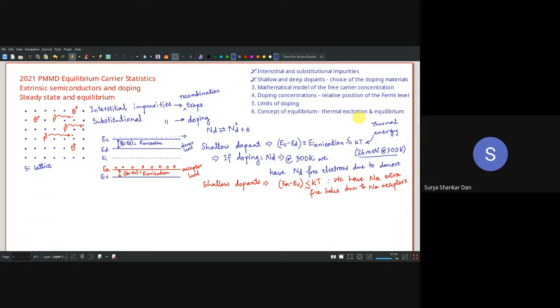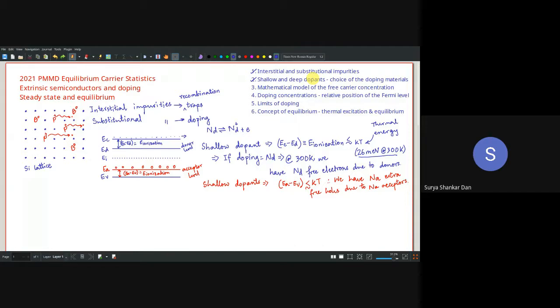There will be certain electrons which will still be lying here. Why? Because even though you have doped it, the temperature is not sufficient to ionize all the dopant atoms. Got it? Very good. So deep dopant is not part of the syllabus, or we never bother about it.